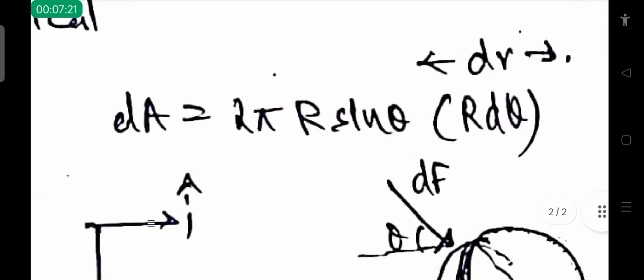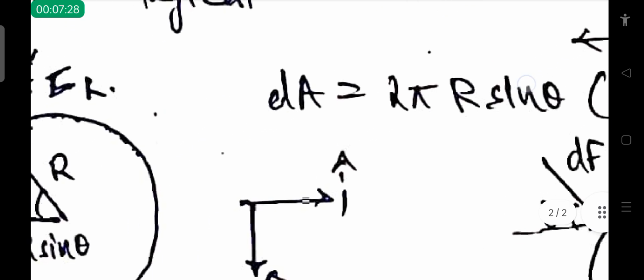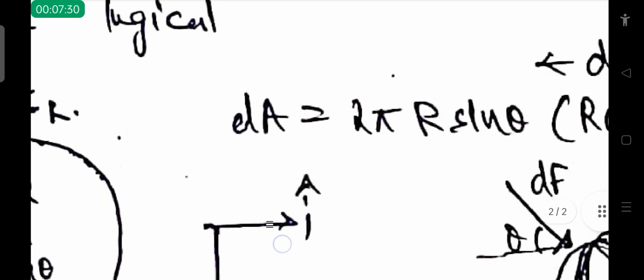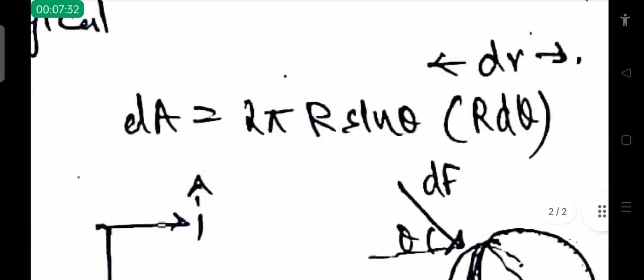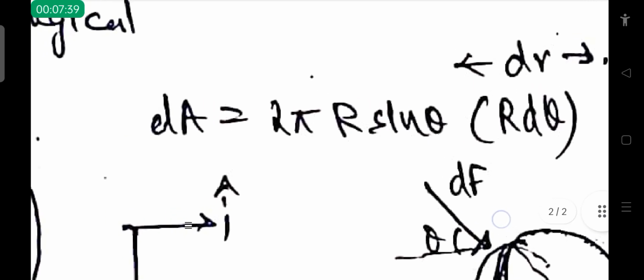I have not written this, but I have directly written that dA can be written as 2 pi r sin theta into dr, where dr can be written as r d theta. Now you can find this out, and dr is very small, so you can ignore the dr whole square term, and you will end up at this result.